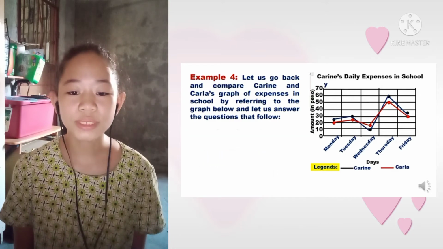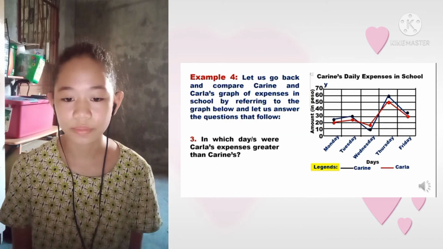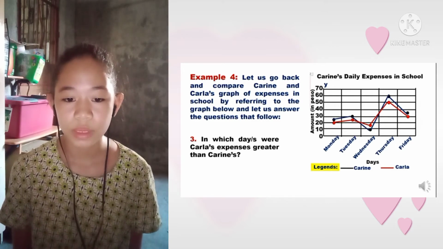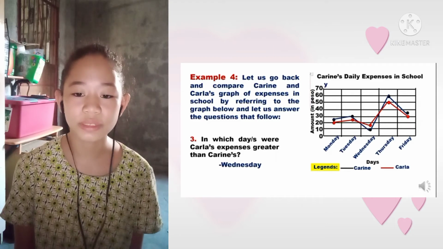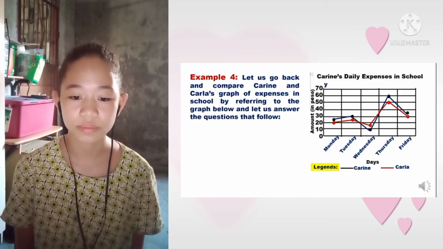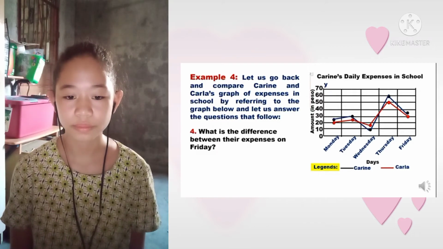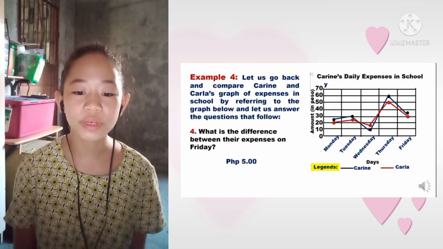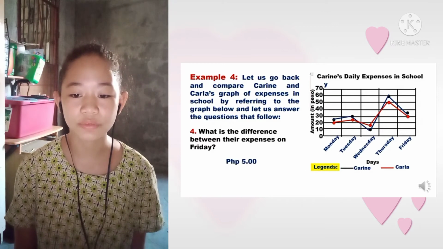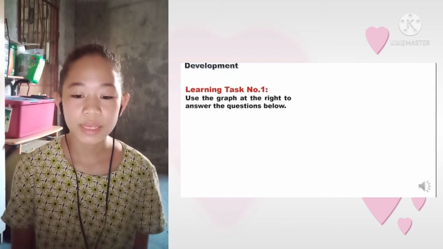It represents the amount of their daily expenses. In which days was Carla's expense greater than Corinne's? Wednesday. What is the difference between their expenses on Friday? Pesos.